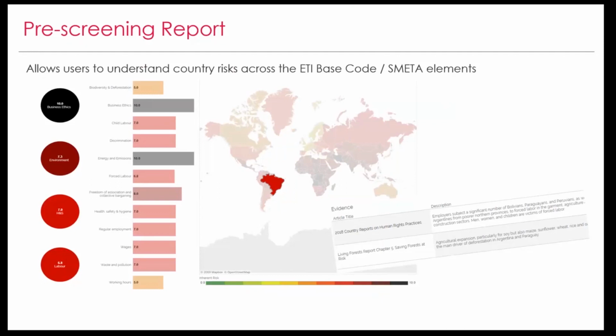Upload that information into the tool, and it will return the inherent risk scores for those sites, which will enable you to understand which are the sites that perhaps I need to ask to register on the Sedex platform and complete the questionnaire. And you'll also be able to input your own proprietary data in terms of levels of spend and things like that to help you understand which suppliers to focus on.